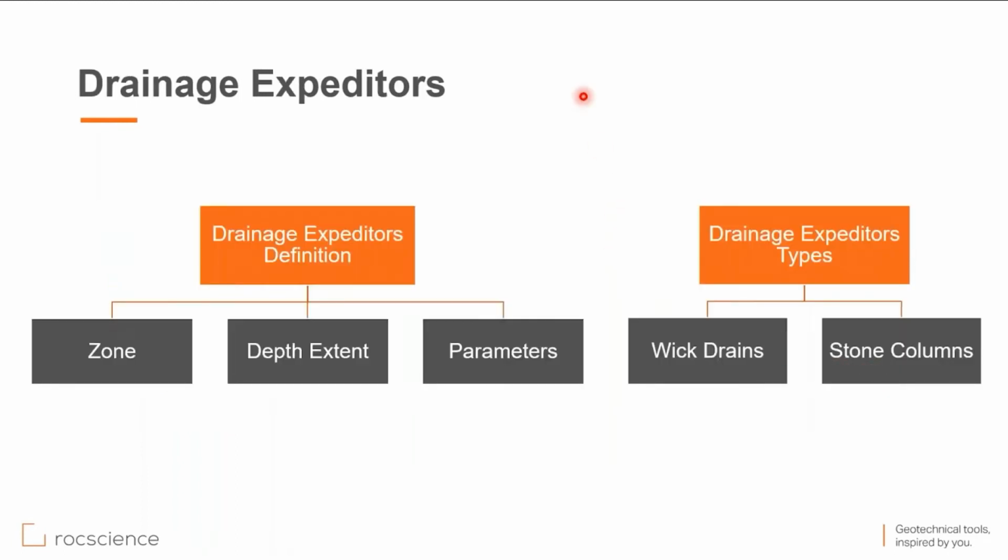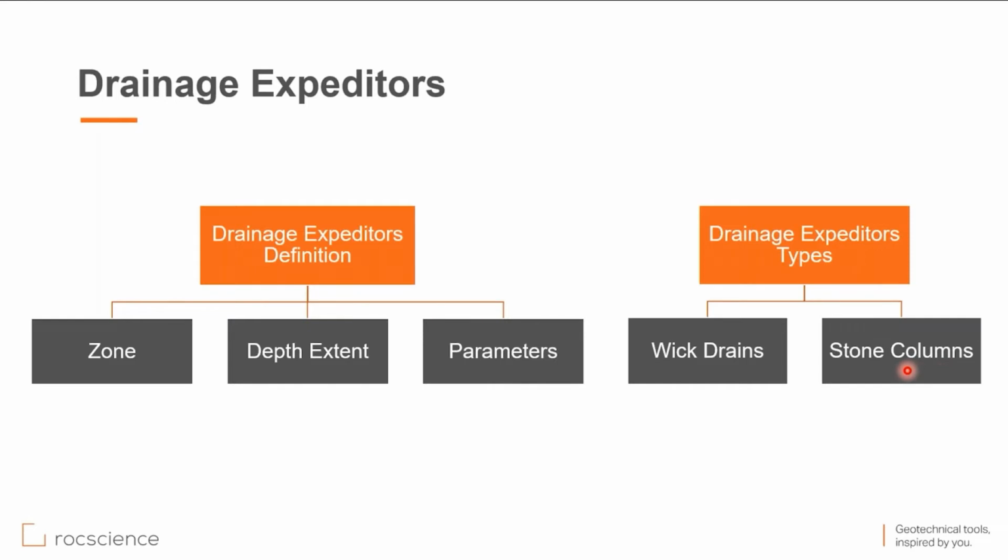You can expedite the drainage. Drainage expediters are defined also by zone. So you will choose the area that has the drainage expediter, the depth extent of that, then the parameters like coefficient of permeability, smear zone, etc. The drainage expediter types in Settle3, we have for the time being wick drains and stone columns.